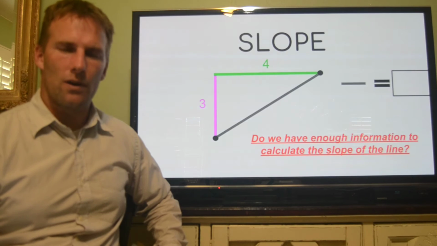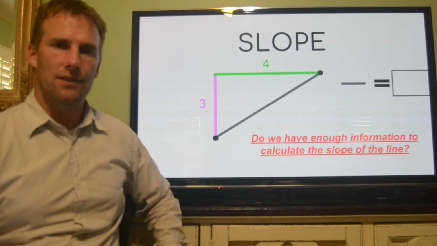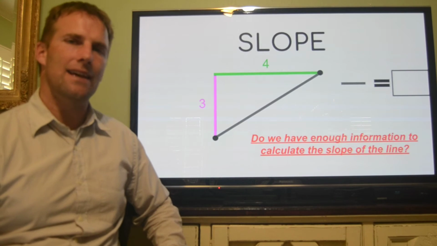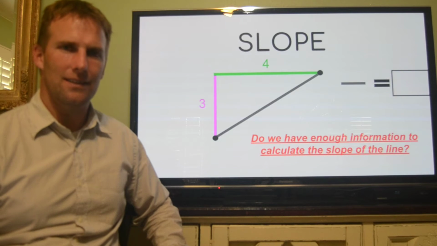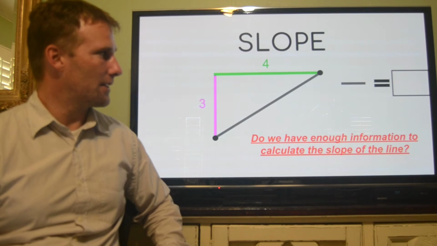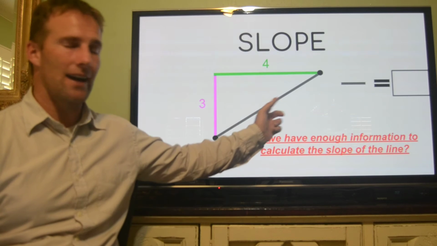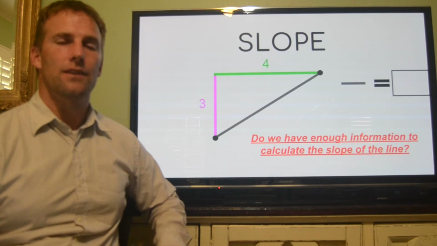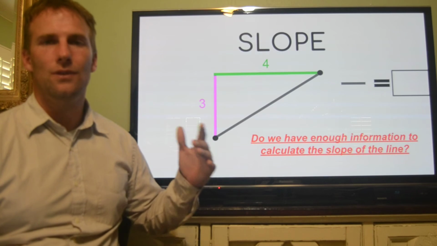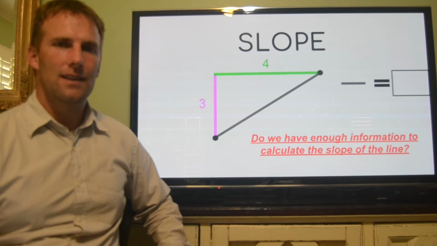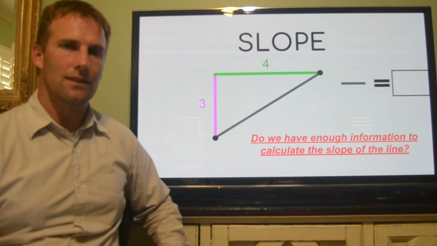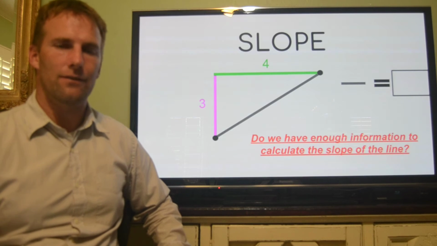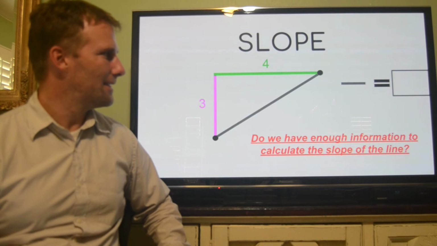I'm going to give you about 1 minute, and I'm going to have you calculate the slope both in fraction form and in decimal form. So when I say go, calculate the slope of this gray line. Ready? Go. And this is where I would give them a full minute to actually calculate the slope in both forms, and then we would look at the answer and see if they got on the right track.